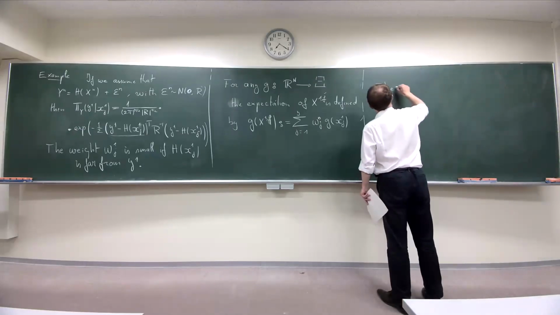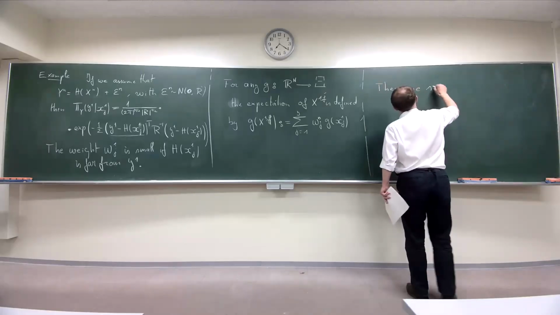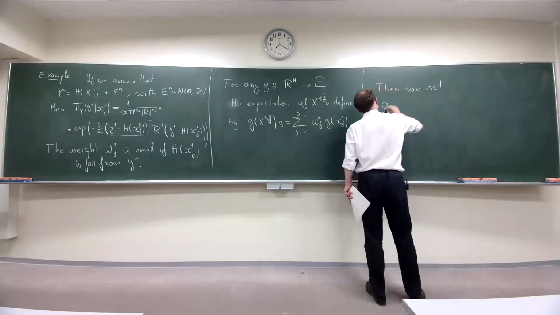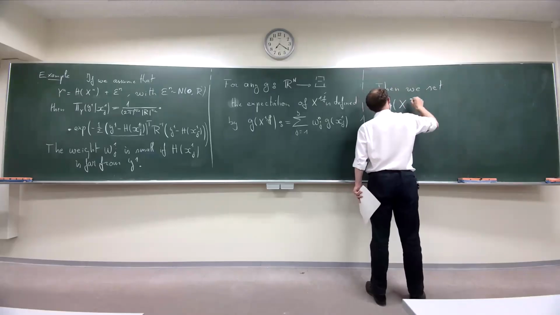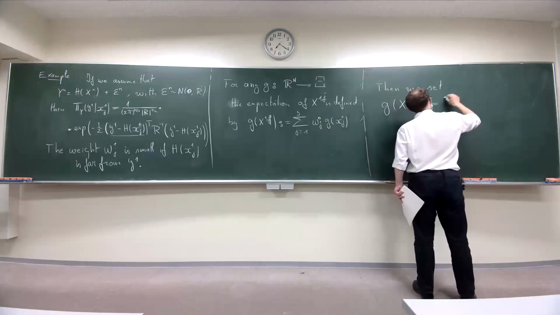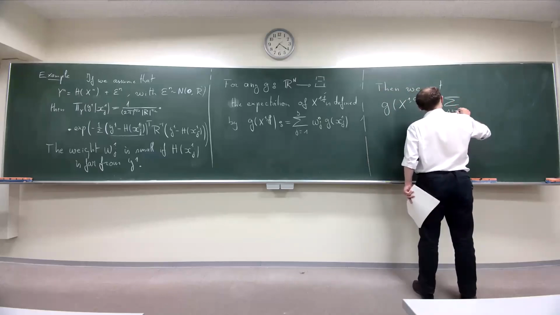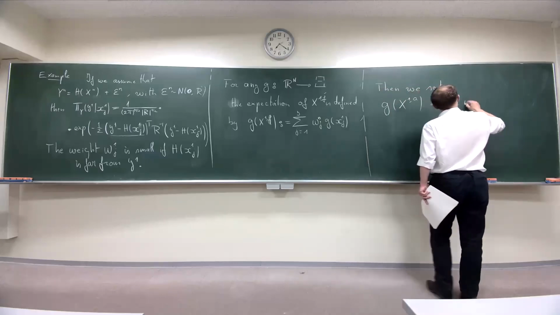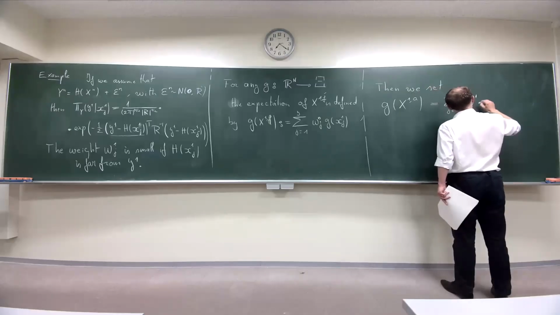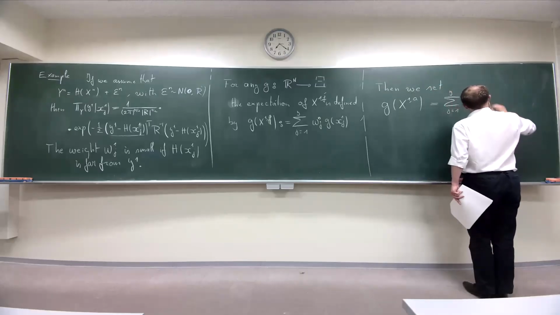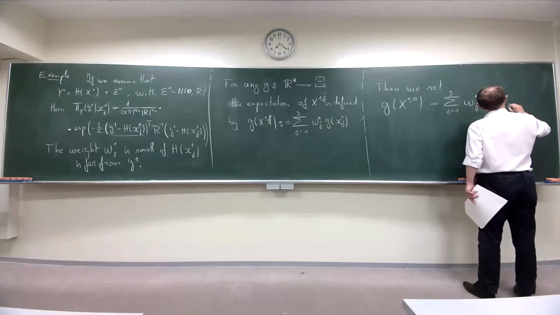Then the expectation g of x1 analysis is given by the sum j from 1 up to J of this new weight W1j times g of x1j.